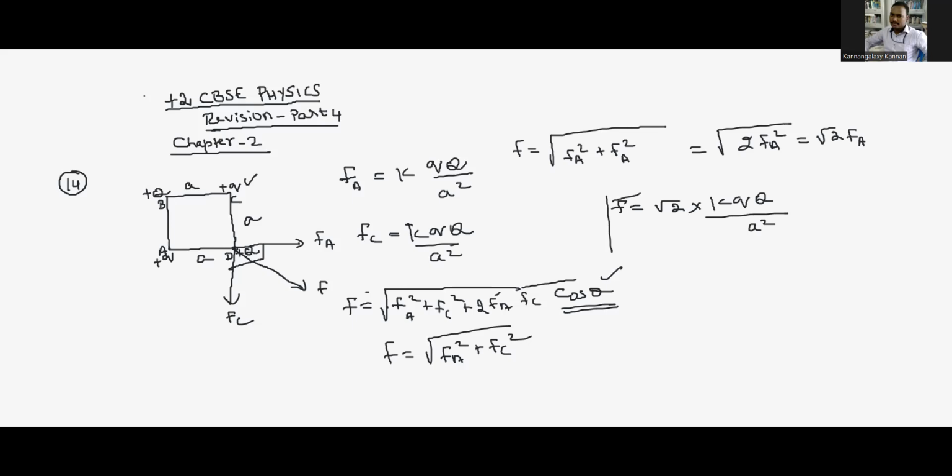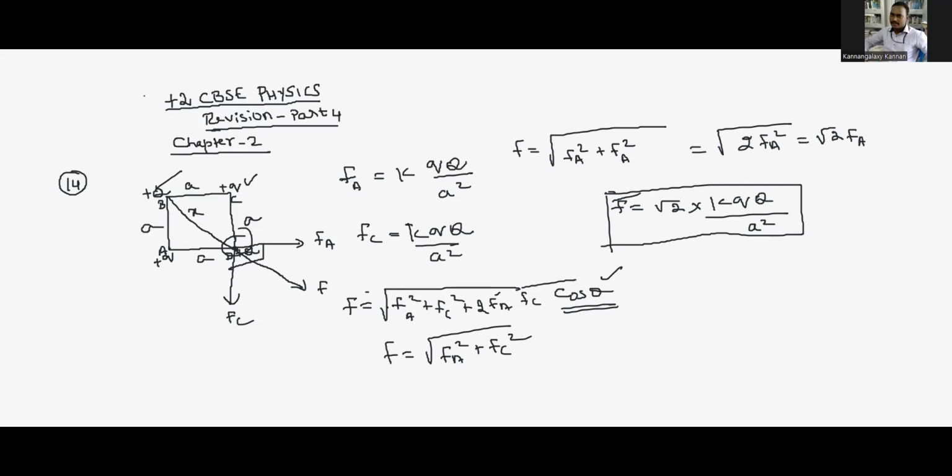Now I want to find the force on this charge due to this other Q charge. The distance between these two charges can be obtained by Pythagoras theorem.